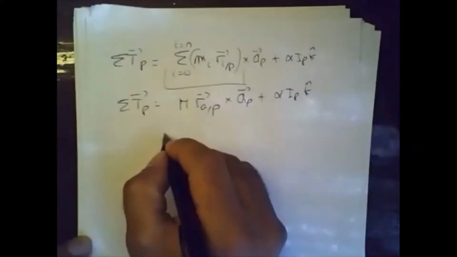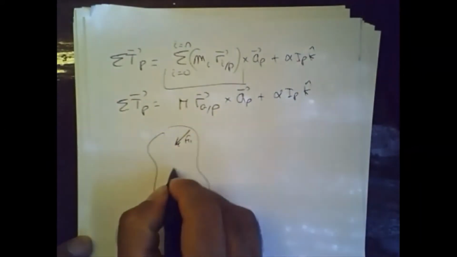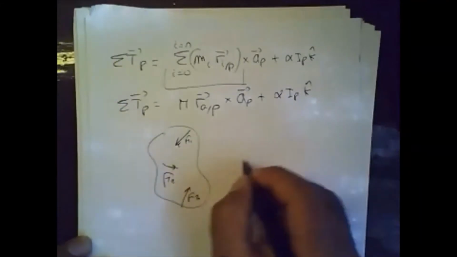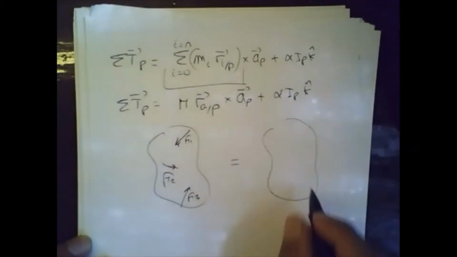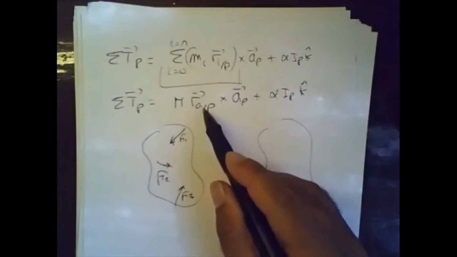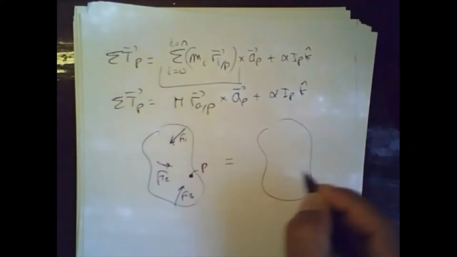If I have a rigid body, and I have a bunch of forces applied on it, F1, F2, F3, etc. So these forces have to be equal to what? First of all, if I'm doing the torques about point P, I need to know this point P on the rigid body.